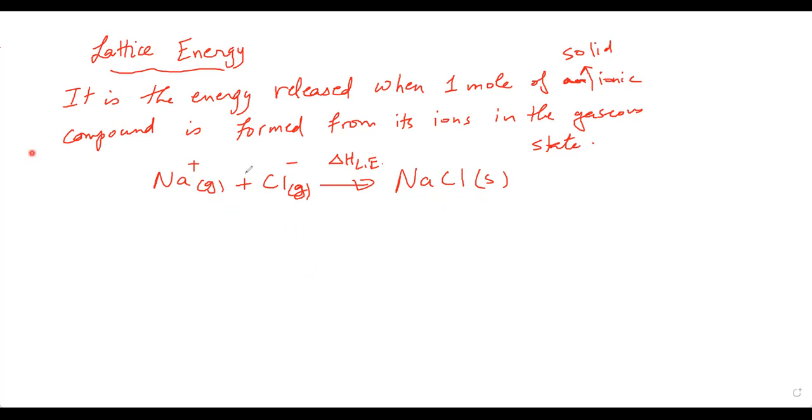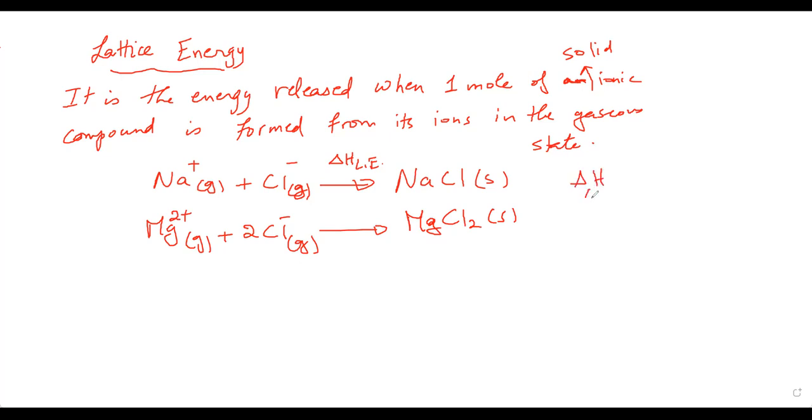Another example: if 1 mole of magnesium chloride is formed from its ions, also in the gaseous state, so here we have magnesium ion plus 2 chloride ions in the gaseous state, it releases heat energy, and we call this the lattice energy. In the case of sodium chloride formation, the lattice energy is equal to minus 787.